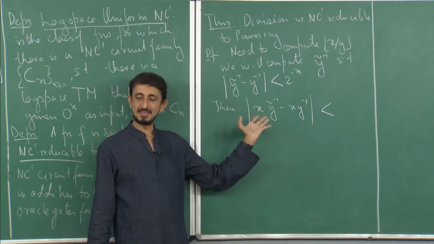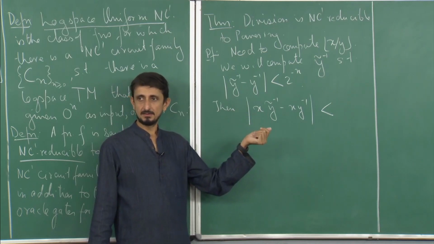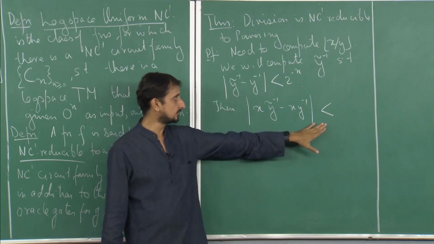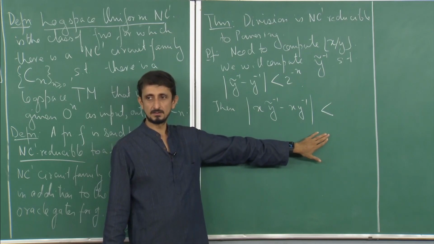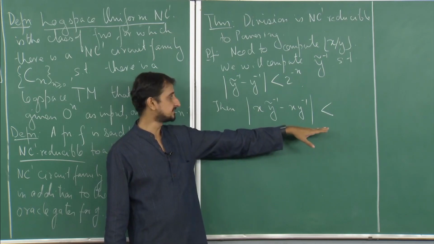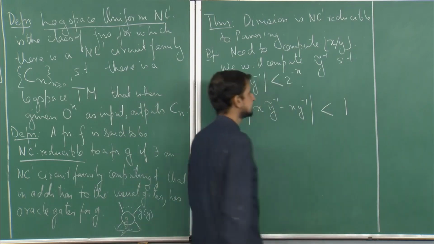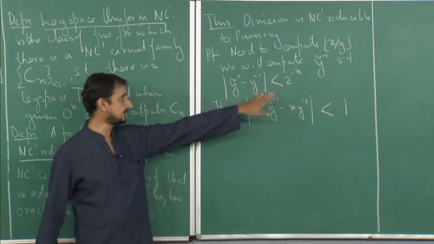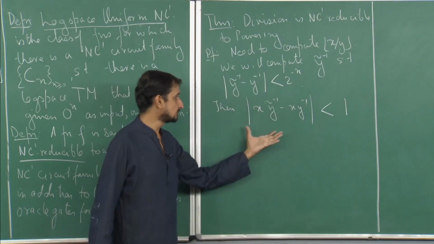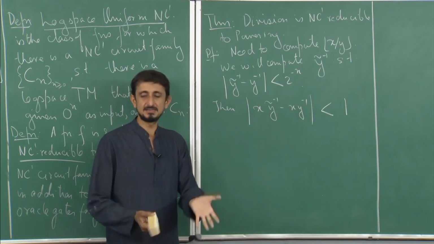So, multiplying this with x. So, how large is x? x is 2 to the power n. How large is this quantity? Less than 1, yeah. So, this is less than 1, right, 2 to the power minus n into 2 to the power n. So, this quantity is less than 1, meaning it is small.